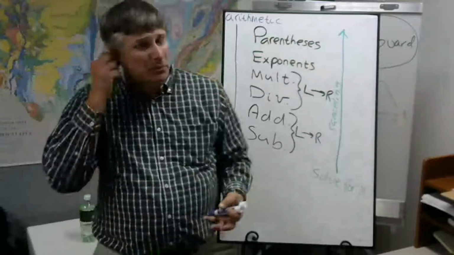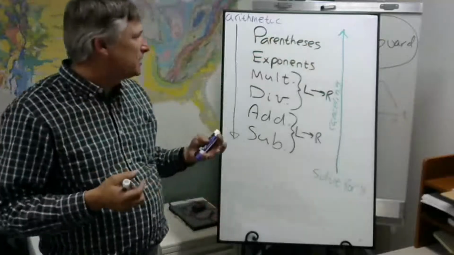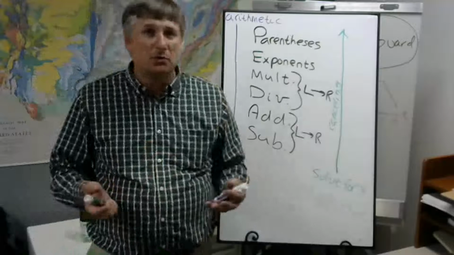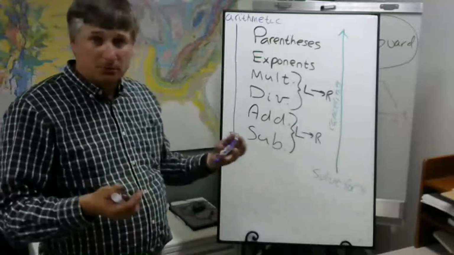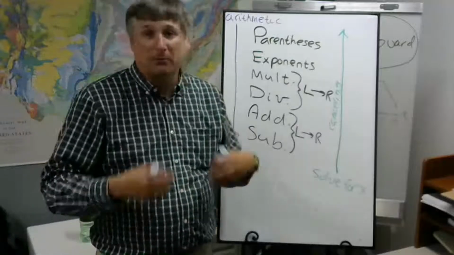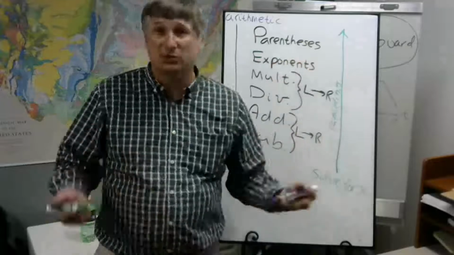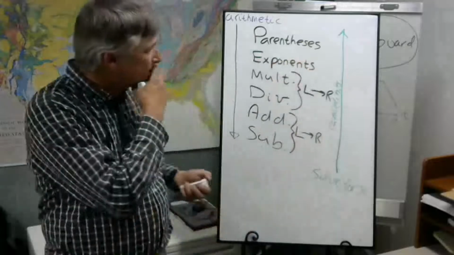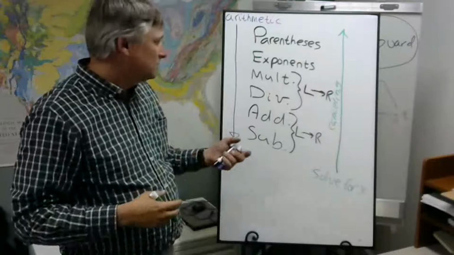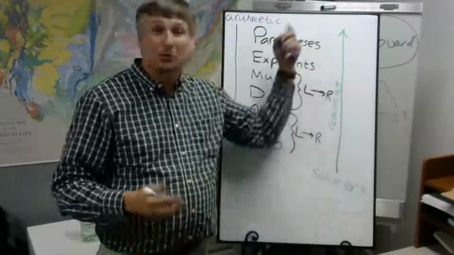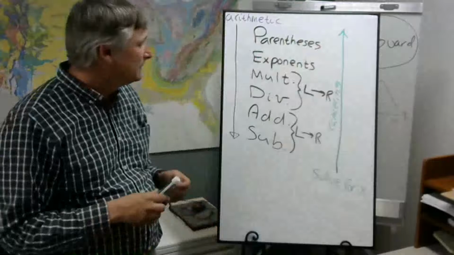Now, roughly, this is what we're doing. There are some ways you can alter this. For example, with parentheses, you can use distribution to get rid of them. But you could also stick to this backwards order if you want.